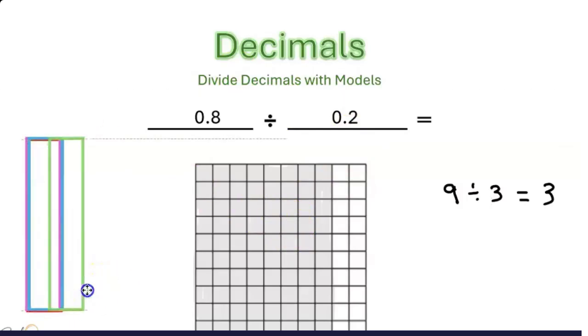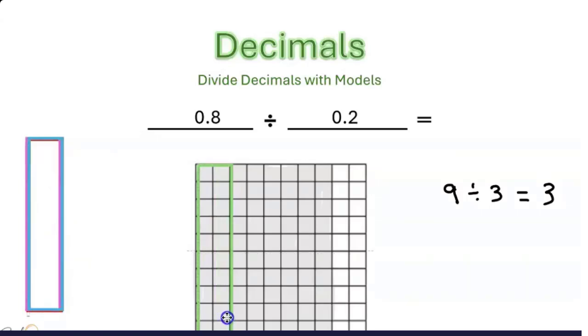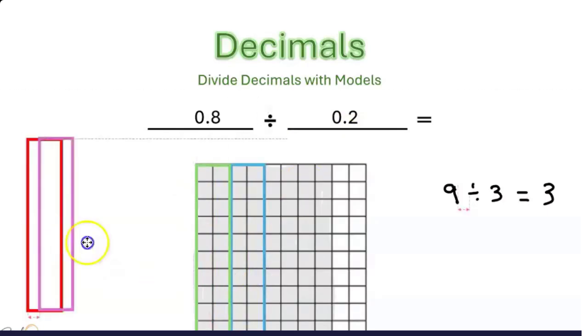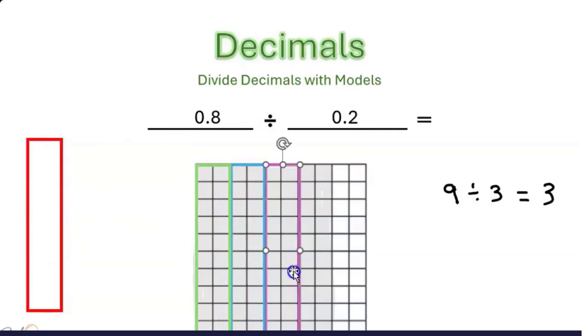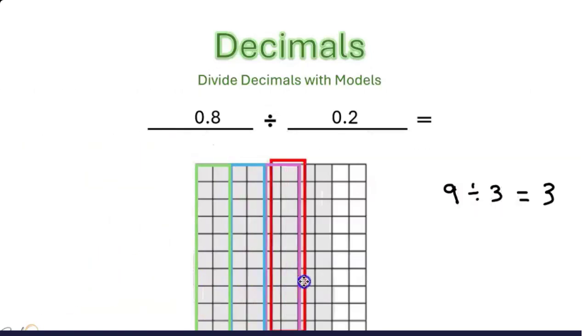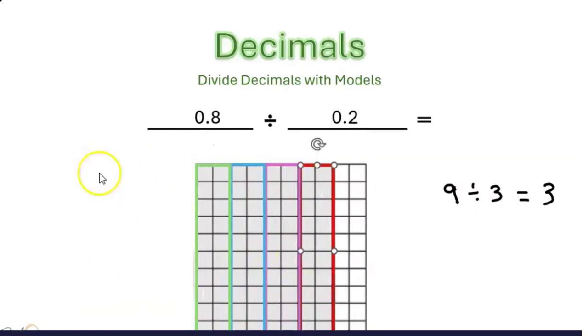I've already got these divided into 2/10. See, that equals 2/10. So there's green all the way around, 2 full columns, which represents 2/10. And so here's another one, another 2/10. And we can keep going. There's another 2/10. And then lastly, there's another one. So if we look at this, there's 1, 2, 3, 4 of them.